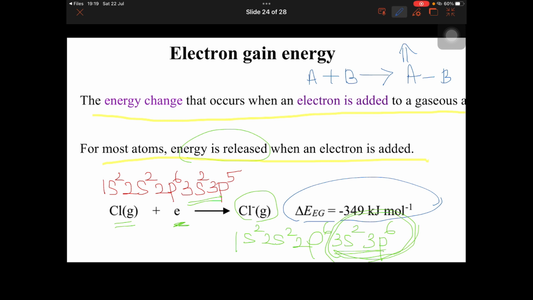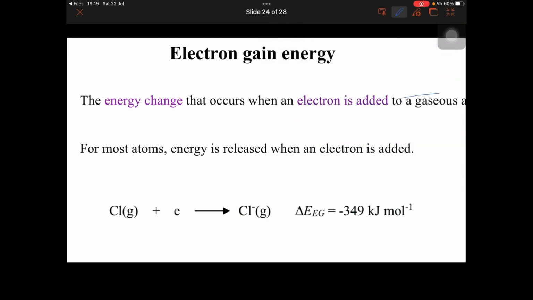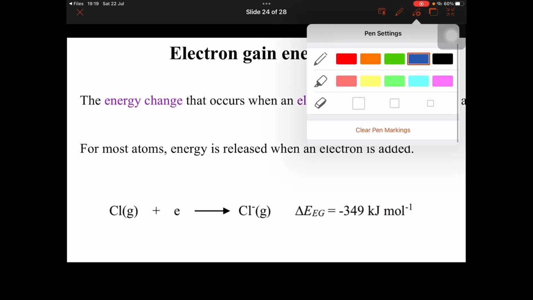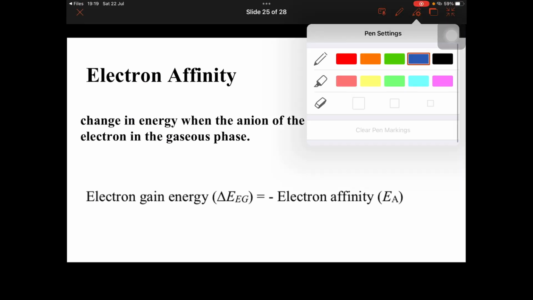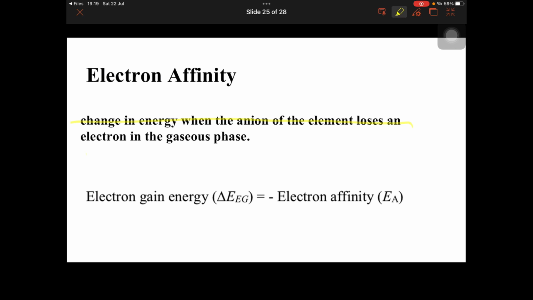Because the chlorine has a higher affinity, now we will be using that term as well, electron affinity. So that is the change in energy when the anion of the element loses an electron in the gaseous phase. Now you might find this a bit confusing, but I have indicated this from your resource book.